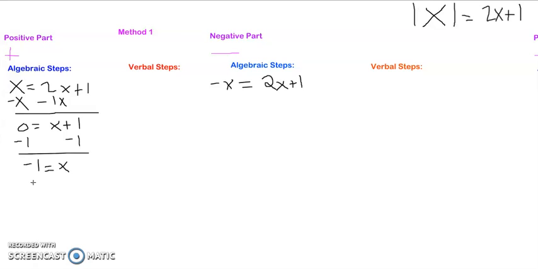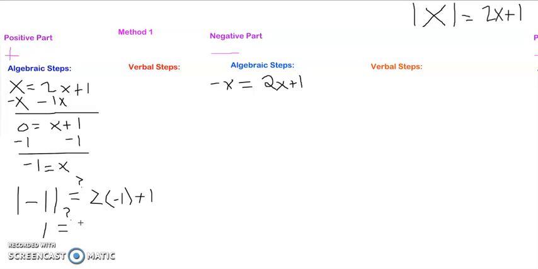And then we'll check this solution to see if it's real or extraneous by plugging it into the original equation. So, is the absolute value of negative 1 equal to 2 times negative 1 plus 1? The absolute value of a number is going to be a positive number, since it's the distance away from 0, and distance is positive.